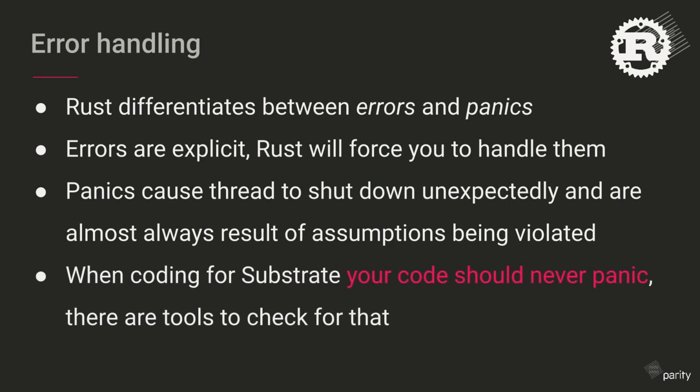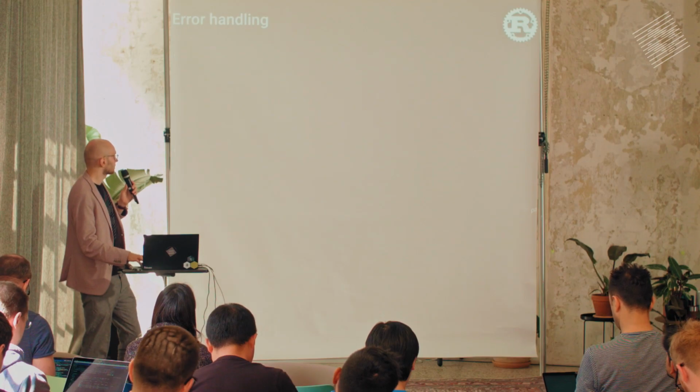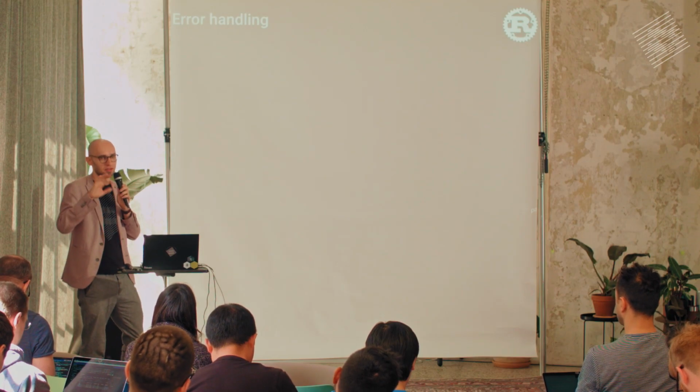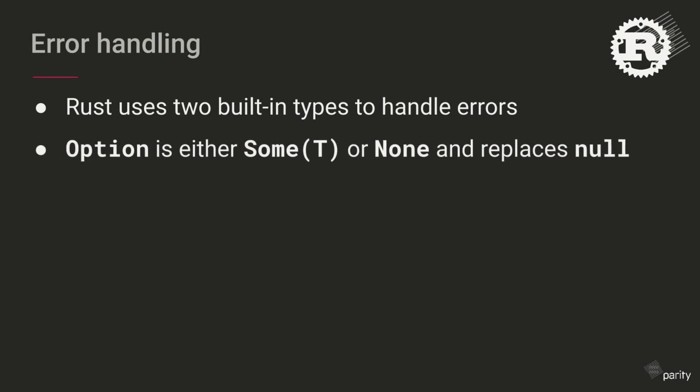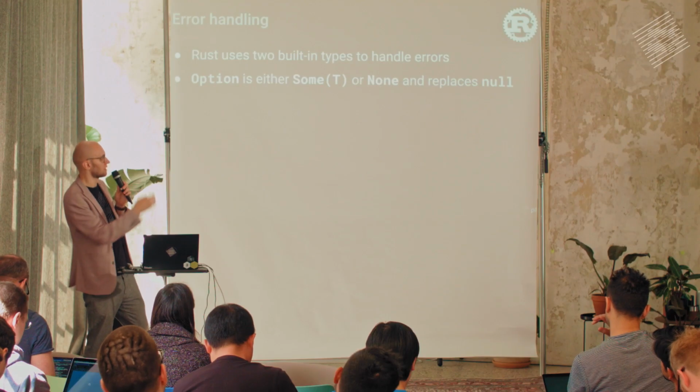If you're coding for Substrate, your code should never panic. There are tools to check for that, but usually when you read the code, you can tell when it's going to panic. Usually it's a dot unwrap, but there are some other places. So we have two different types for doing errors. There is the Option, which is either Some of some value or None, that we've seen before.